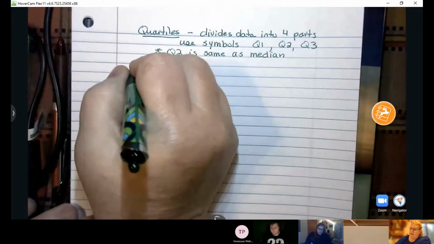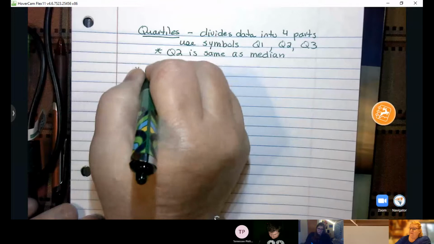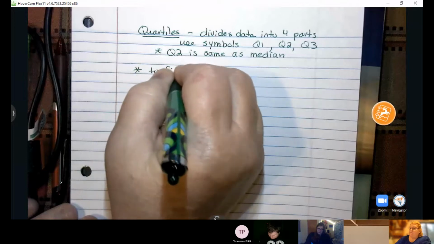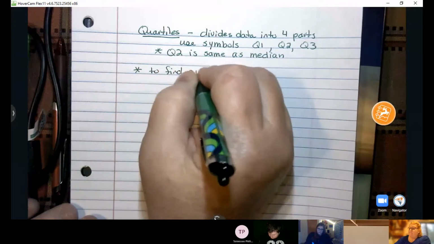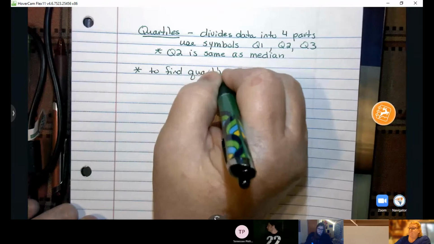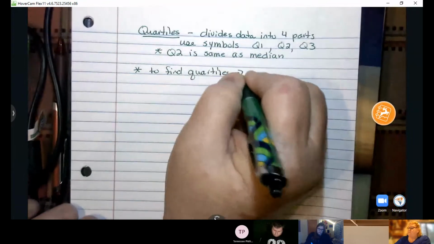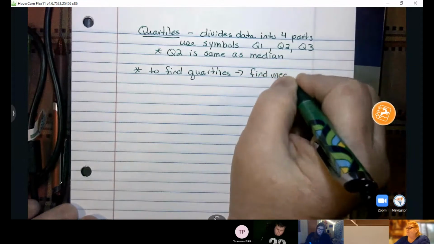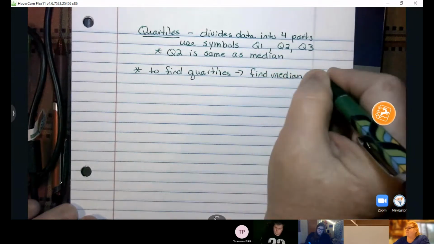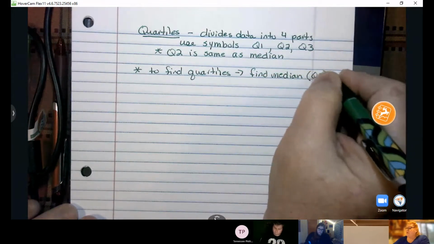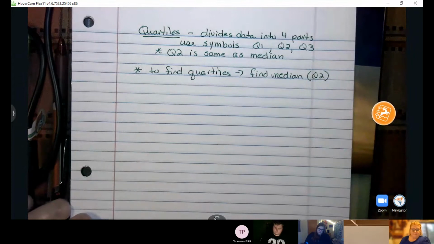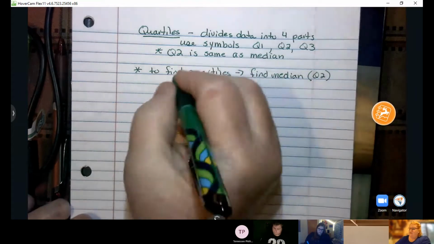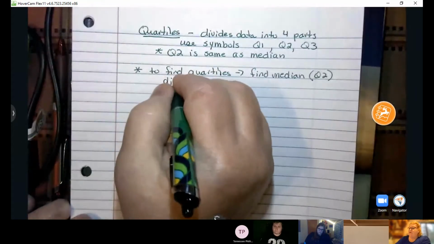To find quartiles, we want to find the median, which is quartile 2, which divides your data into 2 parts.